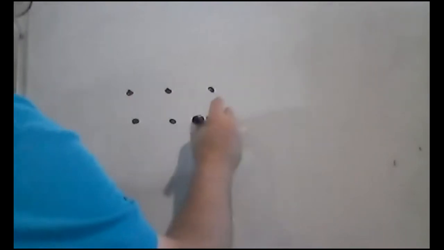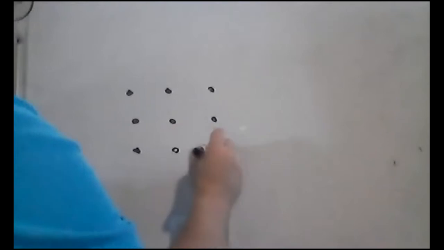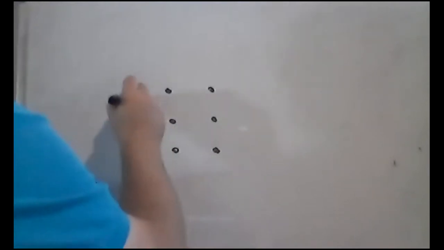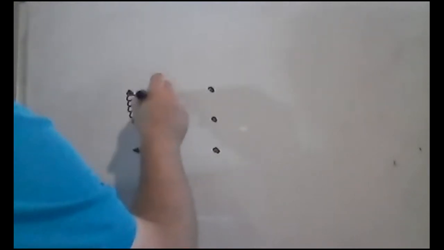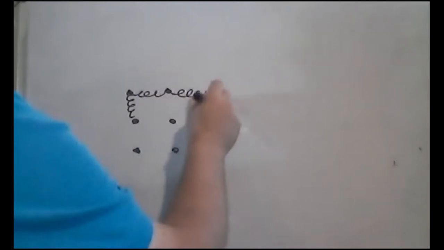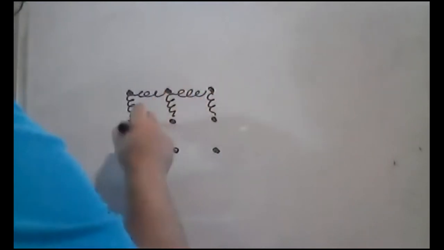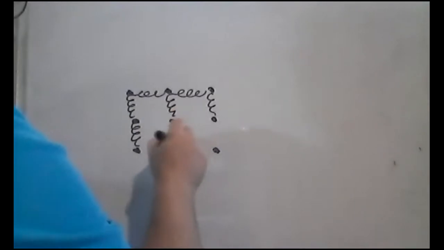I'll put the dots first and I'll label them afterwards. So 1, 2, 3, 4, 5, 6. And imagine that each of these bodies is connected by springs, so the bodies can move with respect to one another.